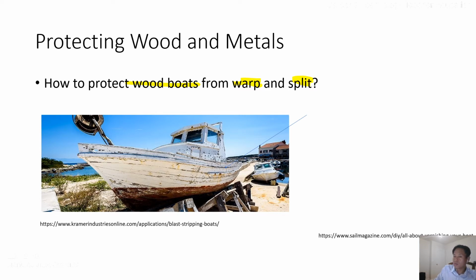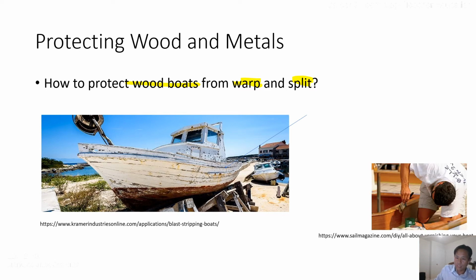But how to protect them? The answer is like this. They do a lot of finishing. This example shows people doing painting or varnish. They apply varnish or other primers. That protects the wood boat from warping or splitting.